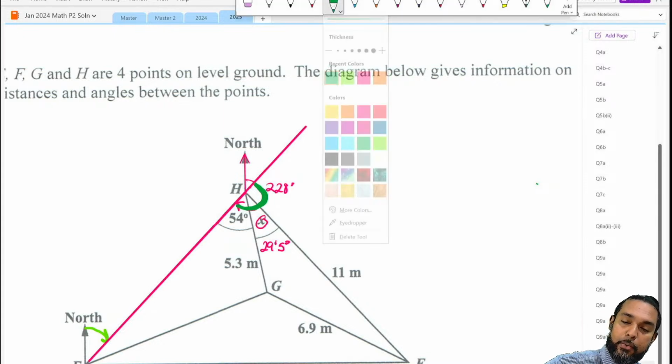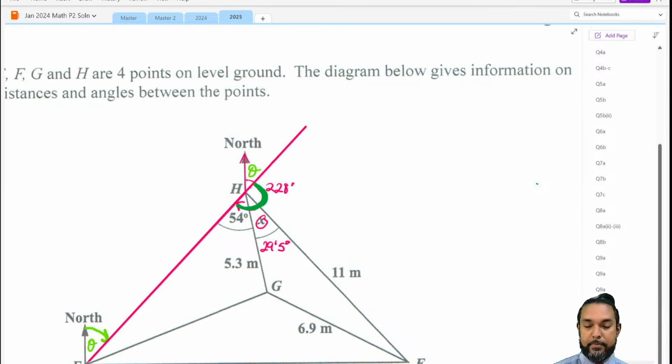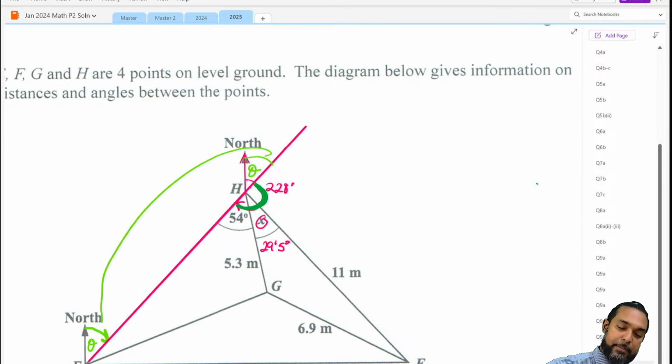And therefore, we can find the smaller piece here. And again, all north lines are parallel, and you have a line cutting through them, which gives rise to what? F and Z angles. So this angle here, let's just call it theta, and this angle here are equal, right? So if we use 228 minus 180 to find this piece here, we automatically find that piece down there.